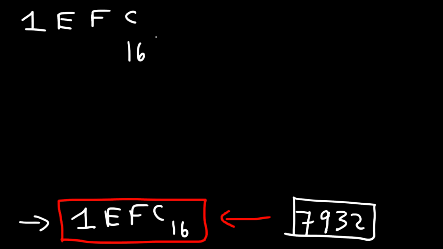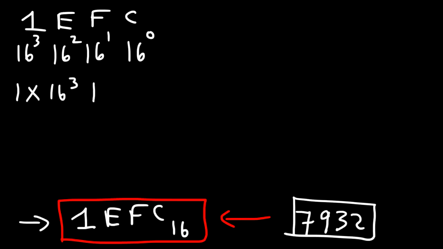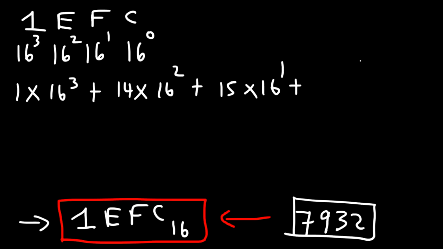We need to multiply C by 16 to the 0 power, F by 16 to the first, E by 16 squared, and 1 by 16 cubed. So it's 1 times 16 cubed, plus 14 times 16 squared, and F is 15, and then C is 12.